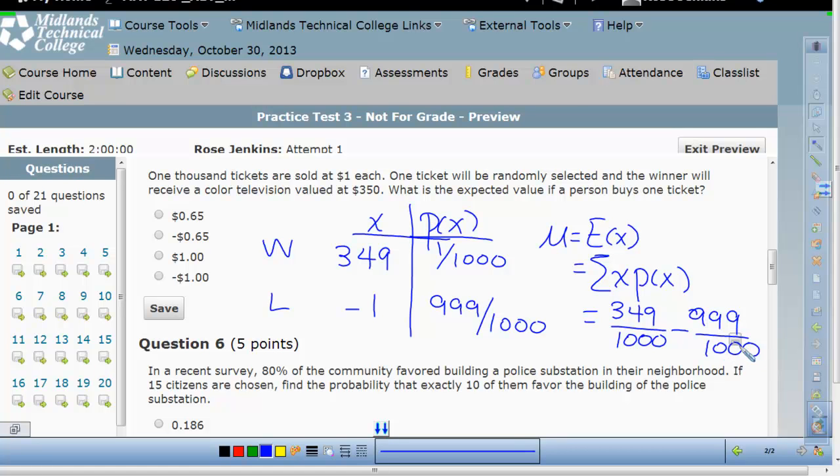Okay, and that looks like that's going to be negative 659 over 1,000.